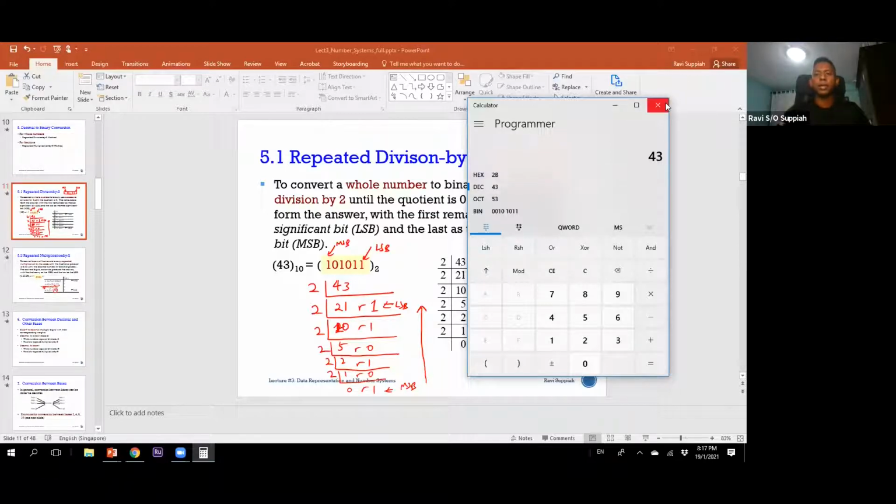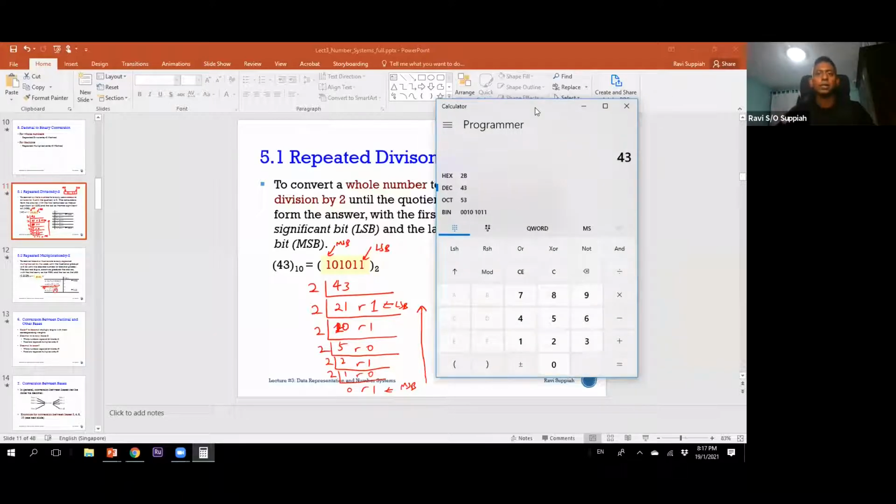The only thing is it doesn't work for decimal points, at least not the one on the Windows. But if you have your handheld calculator, some high-end ones might support decimal binary conversion as well. So that is something you can just try out and see for your own system.